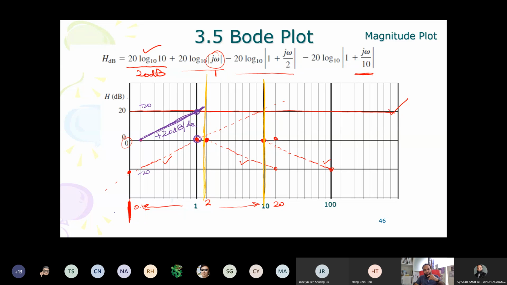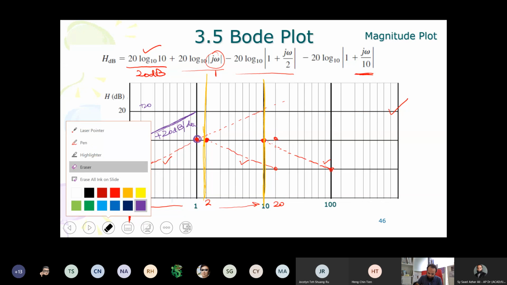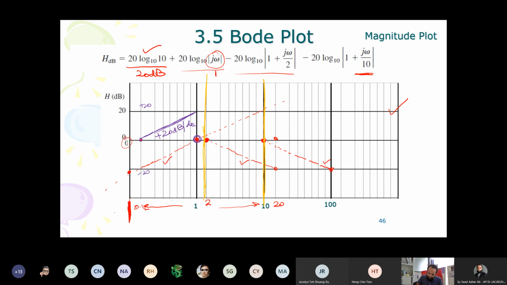The way you want to draw it is to keep these points as your reference, but until the next corner frequency it will keep on going like that. So let me just simplify it for you. This line will keep on going until the next corner frequency.